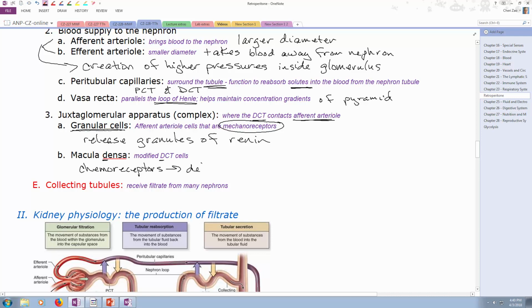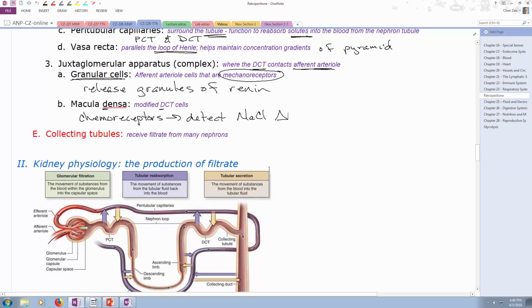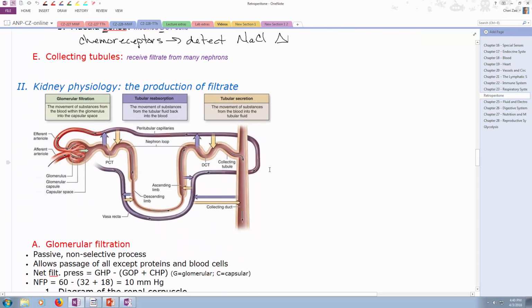They detect sodium chloride changes. Delta is changes. Too much sodium chloride, too little sodium chloride. And that's going to modify how much blood flow and therefore filtrate we make. But that's for more of the story.